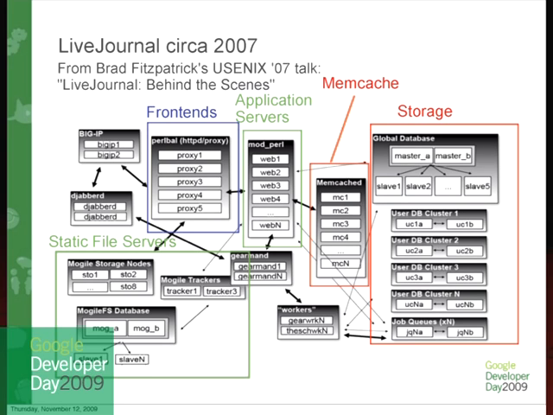Many systems look like this. But let me draw some boxes for you to make this a little clearer. Really what we have is front-end servers, application servers, memcache, data store, and static file serving. You see the same architecture, and so these look very similar.